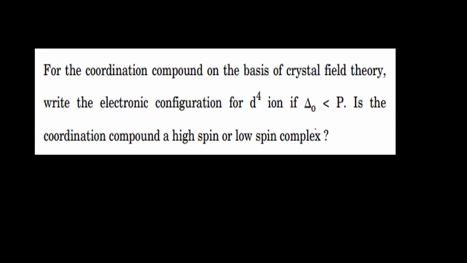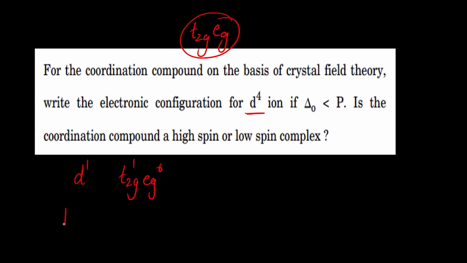Then, for the coordination compound, on the basis of crystal field theory, write the electronic configuration of d4. In crystal field theory, we know the t2g configuration. If it is d1, no problem: t2g1, eg0. If it is d2, t2g2, eg0. If it is d3, t2g3, eg0.